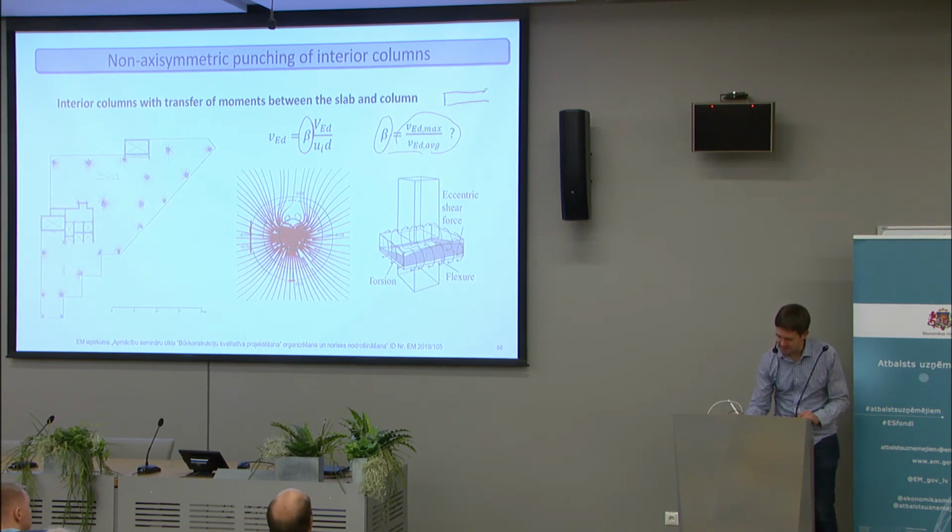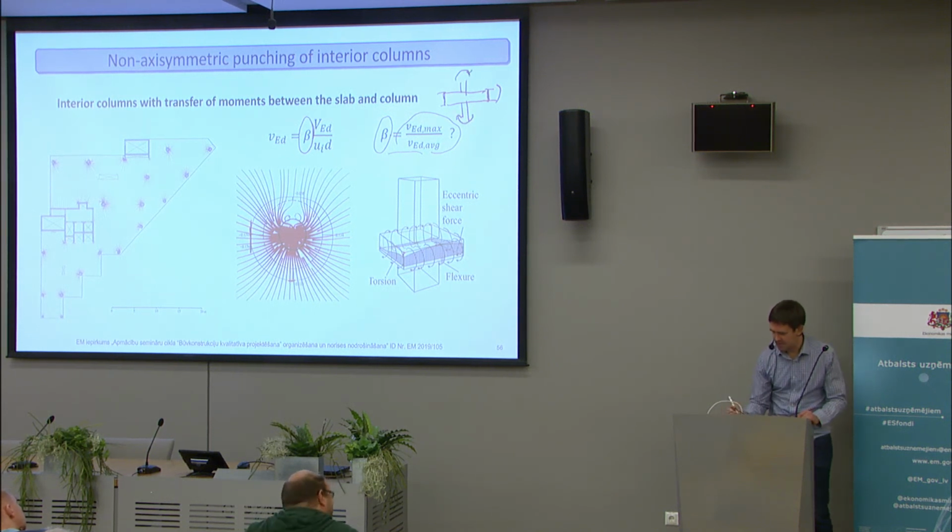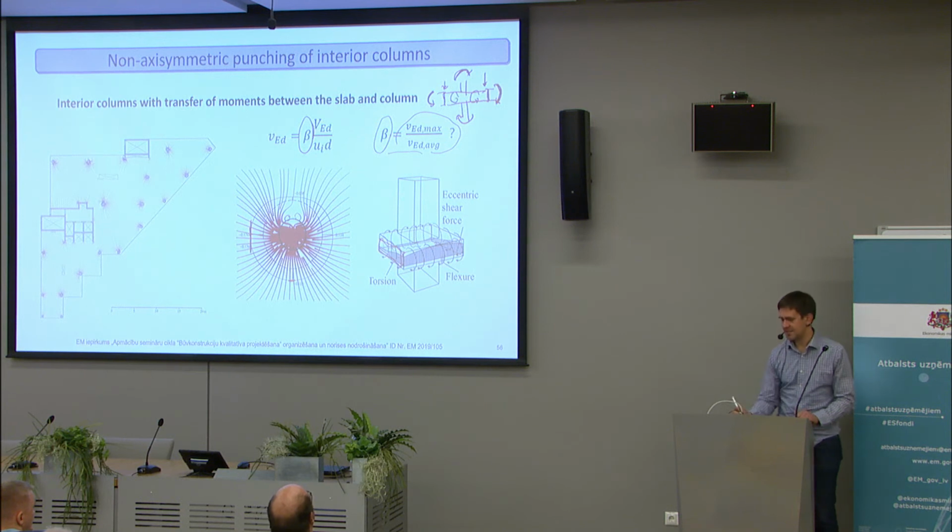If that's the control perimeter here, and if we have moment transfer between the slab and the column, then we have an uneven shear force that can be in equilibrium with this moment, but we also have bending moment, like the difference in bending moment on one side and then the other side, and also the torsion on the edges in here that can balance out this equilibrium.